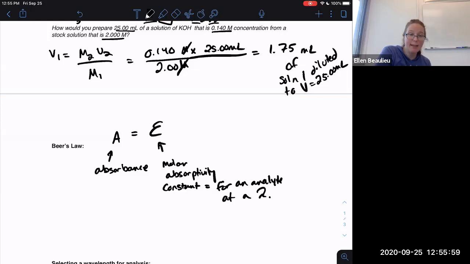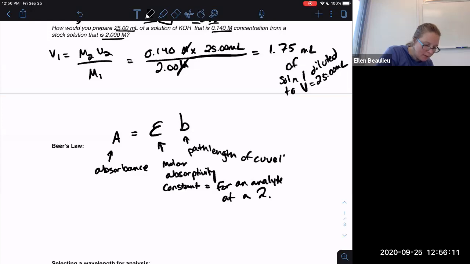Okay, A is absorbance, epsilon is that molar absorptivity constant. b stands for the path length of the cuvette. That's the little cell where you put your sample. And concentration of your analyte is c.